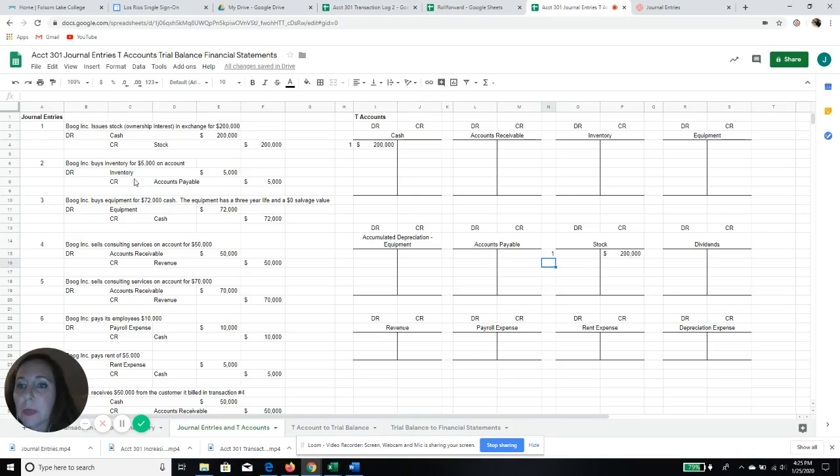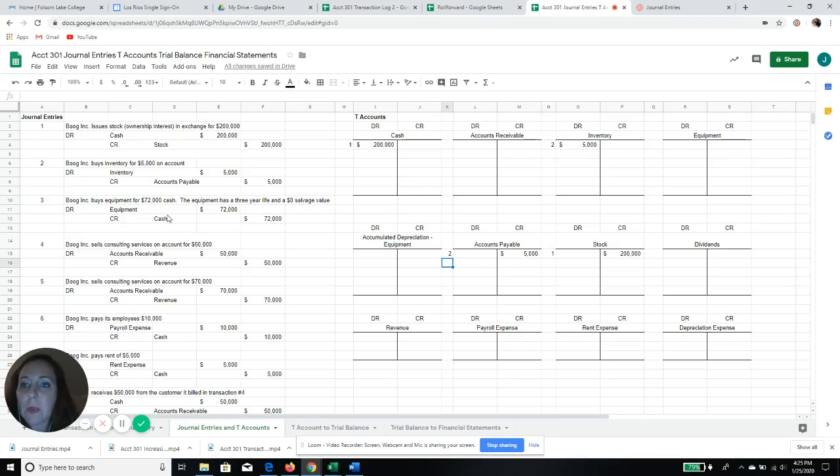Transaction number 2, we debited inventory and credited accounts payable for $5,000. So I'll go to the inventory account and put transaction 2, and I'll enter $5,000 on the debit side. And then I'll go to accounts payable and enter transaction 2 and enter $5,000 on the credit side because we debited inventory and we credited accounts payable.